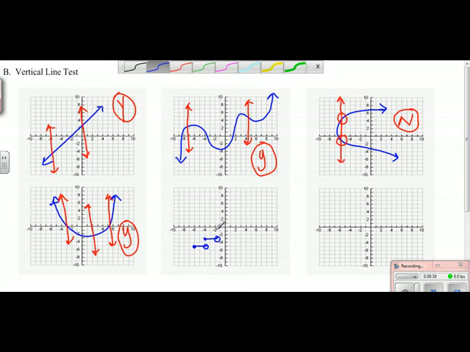Open circle, closed circle. And when I think about the vertical line test, here I'm good, here I'm good. But what happens if I draw it right there? Remember that open circle means up to but not including. So this is technically only intersecting in one spot. So this is a function.